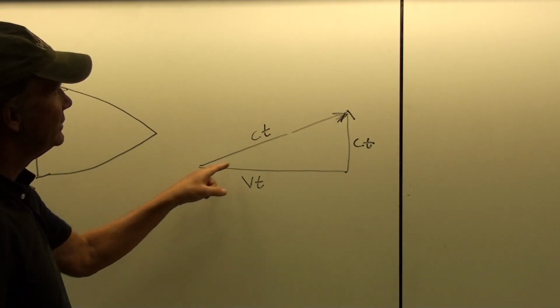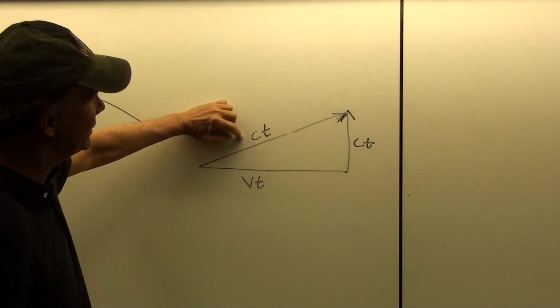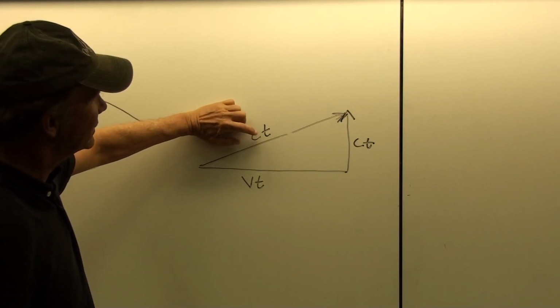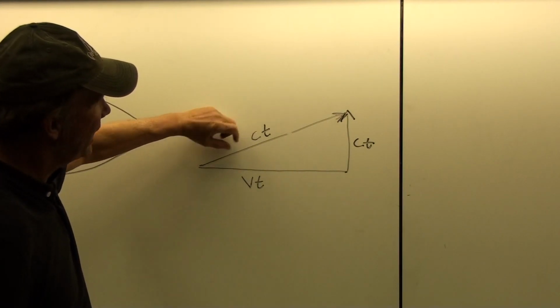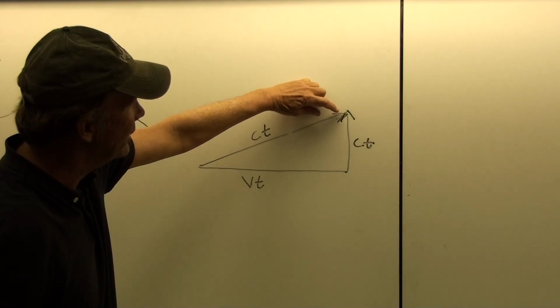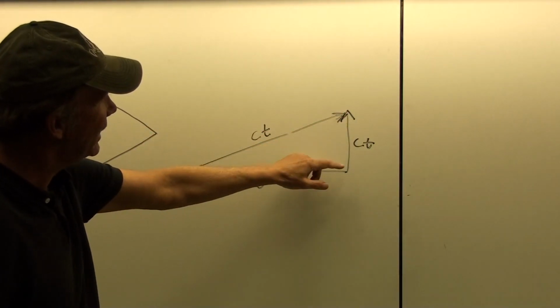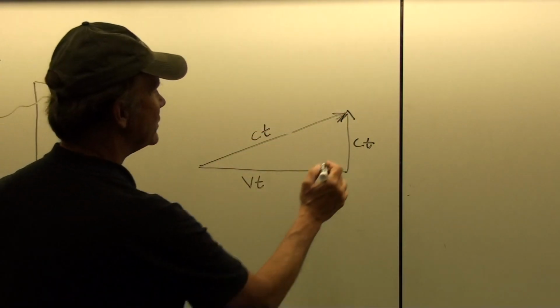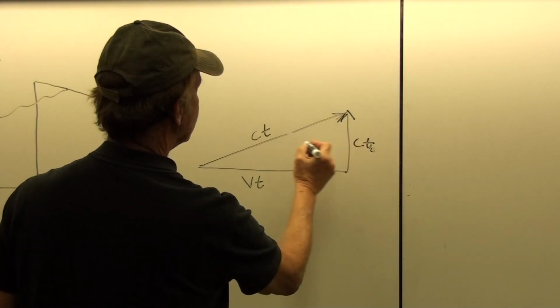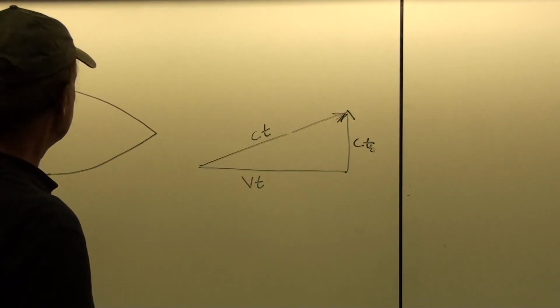However, if we do that, because rate times time equals distance, and if the speed can't change, and this distance is bigger, then that tells us that the time being measured on the rocket's clock must be different than the time measured on the Earth's clock.